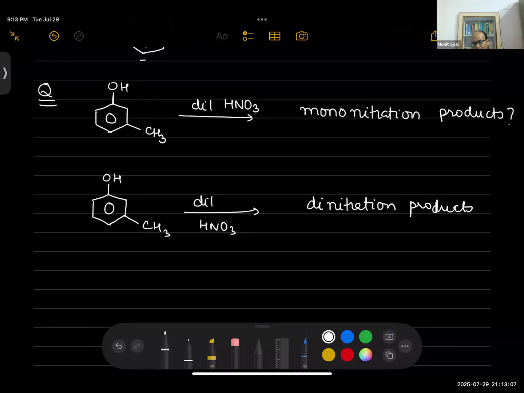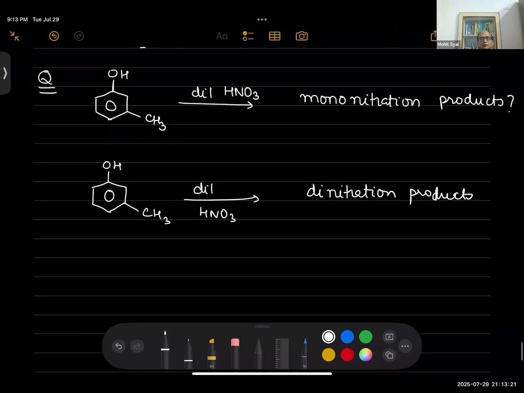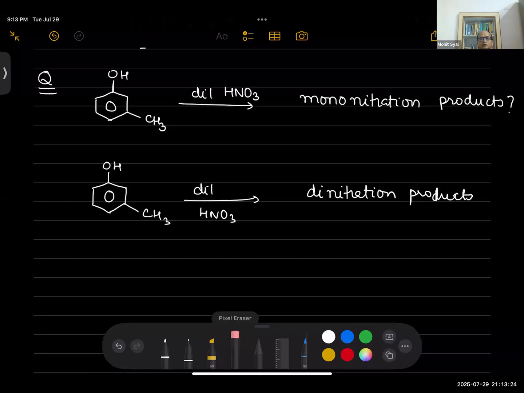That is already clear from the previous example. We have seen the nitro group is going to come at the ortho and para positions. Got it? Is it clear or not?